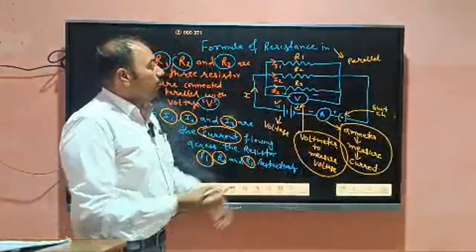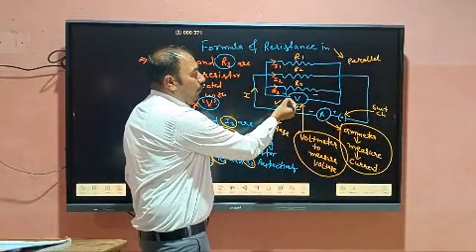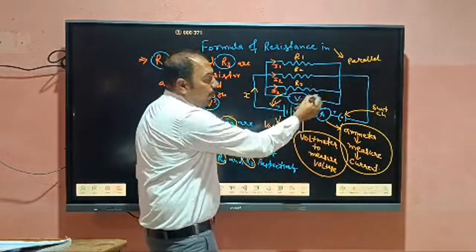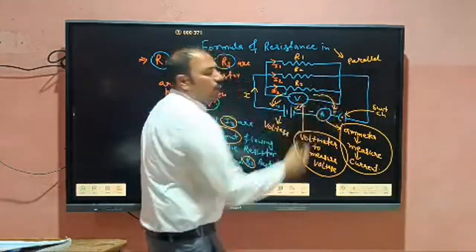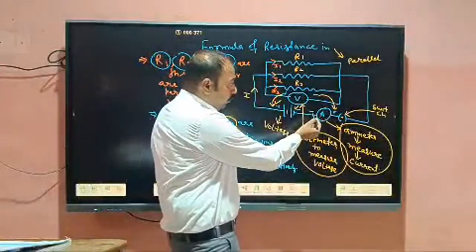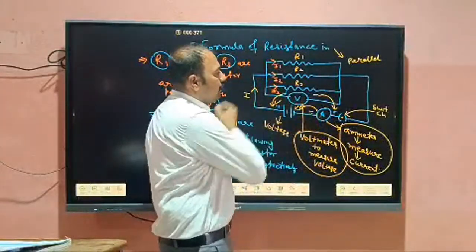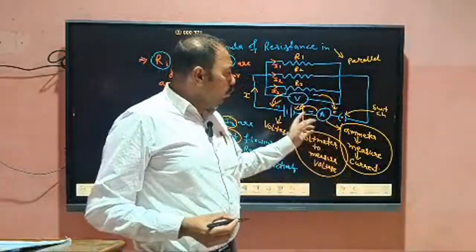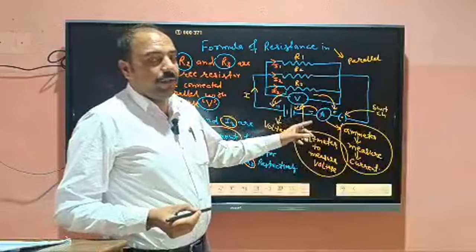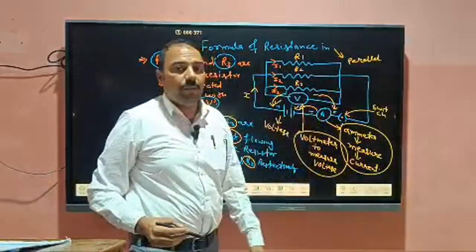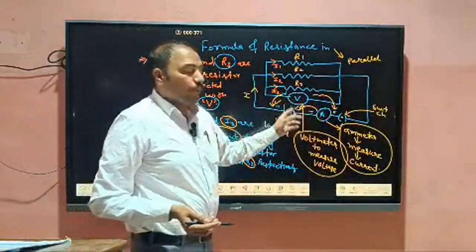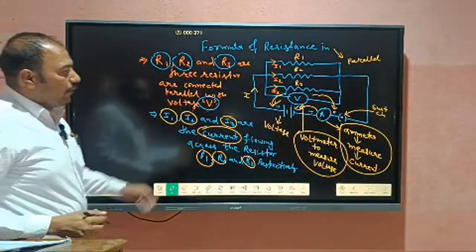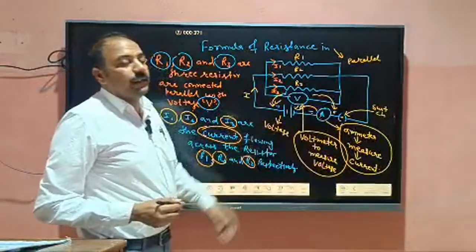Also important: the positive terminal of the voltmeter is connected with the battery positive terminal, and the voltmeter negative terminal is connected with the battery negative terminal. If you make a wrong connection, these devices are damaged. So the ammeter and voltmeter are damaged if you connect them with wrong polarity. So this is the circuit of a parallel combination. Here we derive the formula of resistance in parallel.